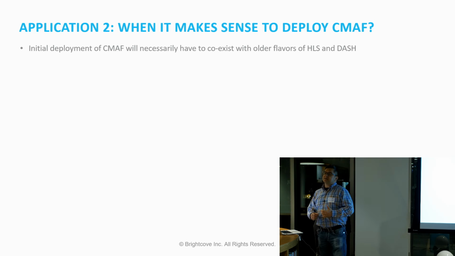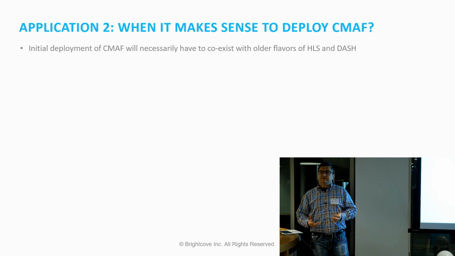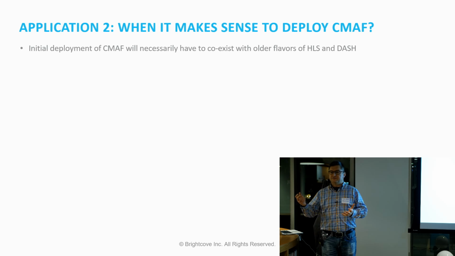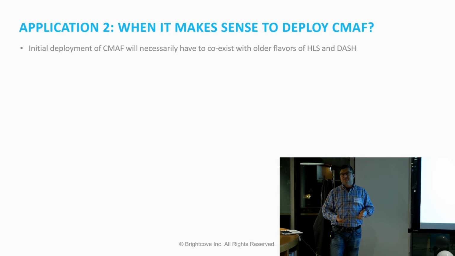But if you try to deploy CMAF today, it will be additional. You will still need to support devices that can only play HLS as HLS devices, devices that play DASH in whichever flavors they support, and then CMAF comes third.